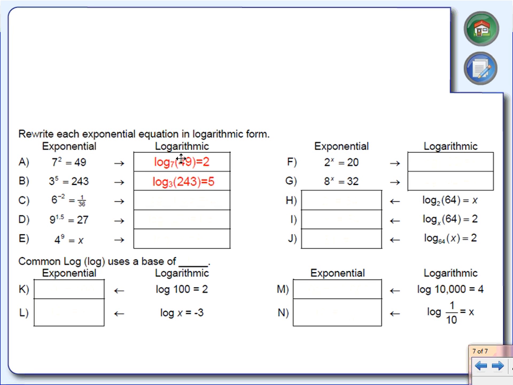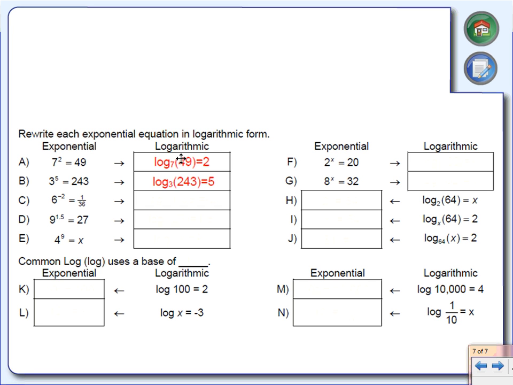All right, next one. 6 to the negative 2 power is equal to 1 over 36. That is true. How do we write that in the form of a log? Well, first you got your log. What's the number we're going to put on the bottom right-hand corner of the g? What's the base? 6. Now we need the number that goes inside the parentheses. That's called the argument. What goes inside the parentheses?